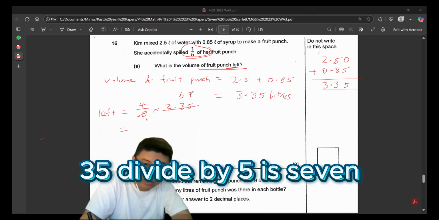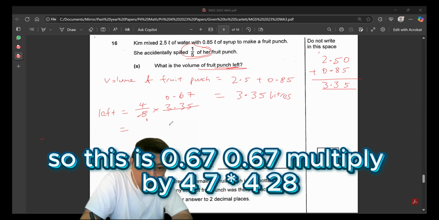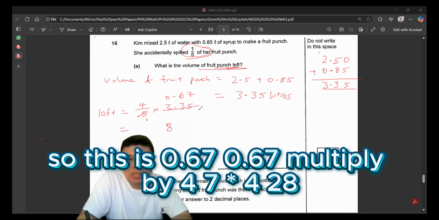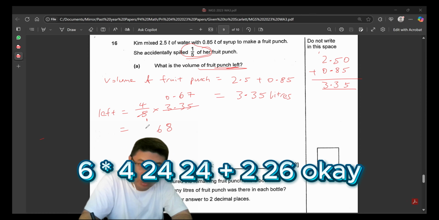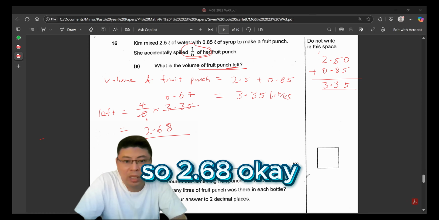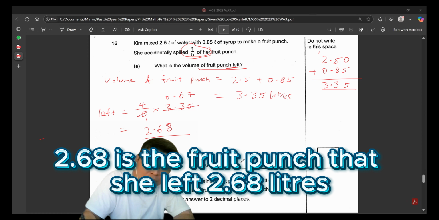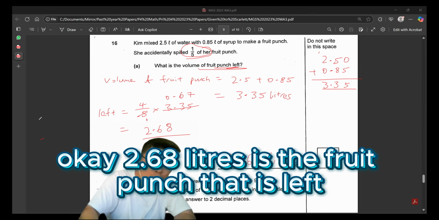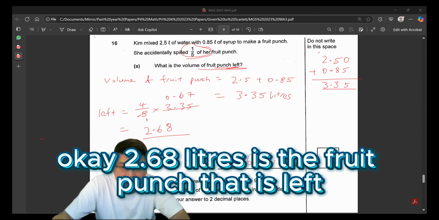So this is 0.67. 0.67 multiplied by 4. 7 times 4, 28. 6 times 4, 24. 24 plus 2, 26. 0 times 4, 0. So 2.68. Okay, 2.68 liters is the fruit punch that she left.